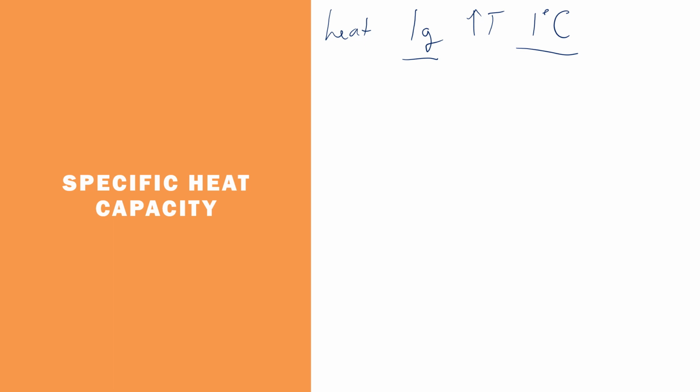We usually use lowercase c for specific heat capacity. I've occasionally seen S, but I'll use c. Now, water has a really high specific heat capacity. Liquid water's specific heat capacity is 4.184, which we talked about on the previous slide, and it's joules per gram Celsius.